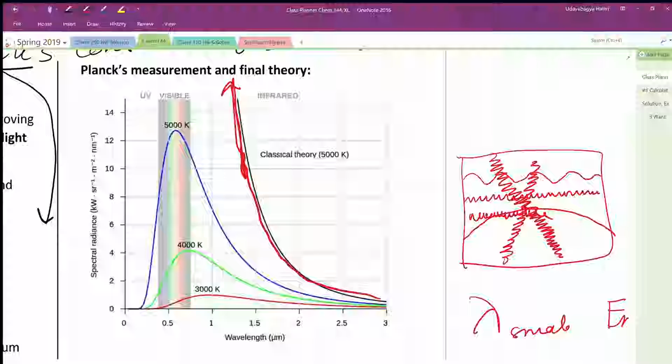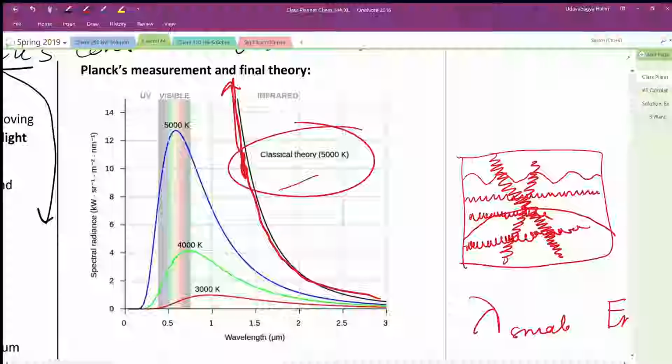And obviously that's not true, because if that were true, any object, regardless of whatever temperature it is, would start emitting gamma rays and X-rays and really high energy radiations just because you can fit more into it. And obviously I'm not emitting gamma rays, so none of you are dead. Otherwise everybody would be dead immediately after you were born, just because everything is emitting gamma rays. So clearly the classical theory is incorrect, and he's trying to figure out why it is incorrect.